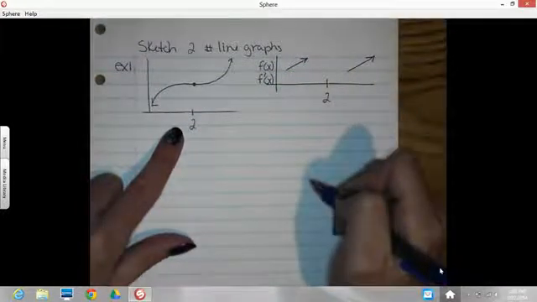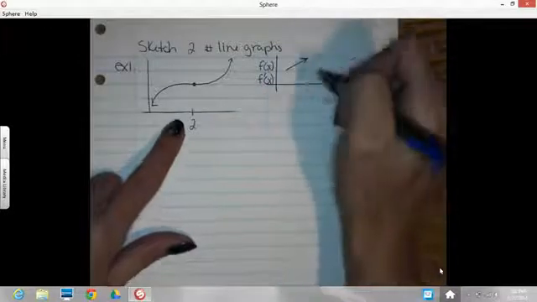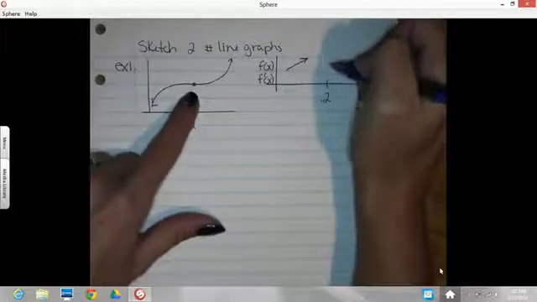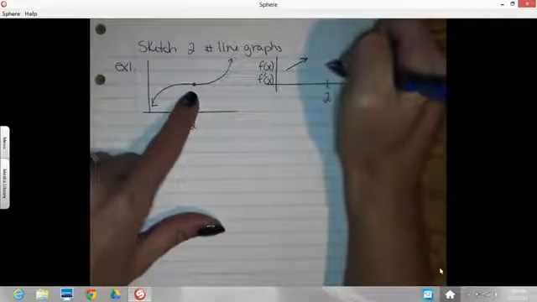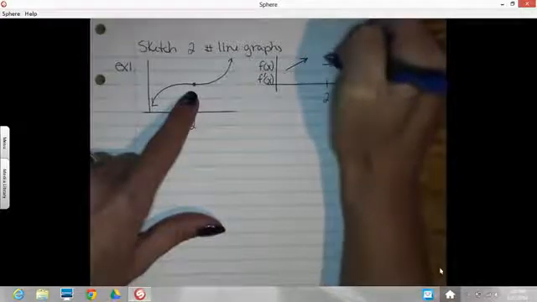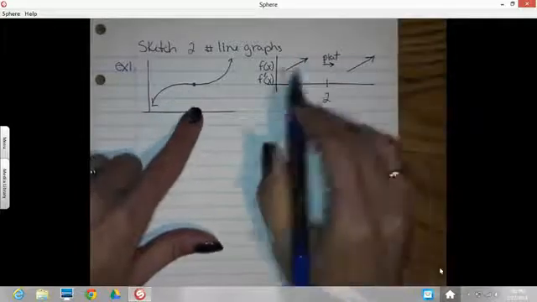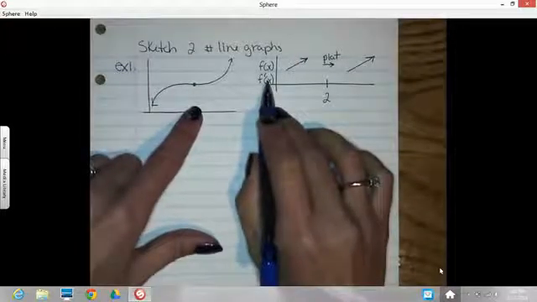If I'm increasing and increasing, and I've got a critical point, that means this critical point is a horizontal plateau. I can see it from the graph. Horizontal plateau. Flat.